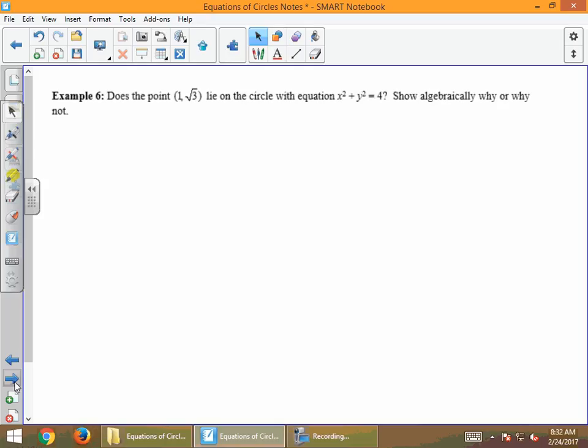In this next example, we have to figure out if the point (1, radical 3) lies on the equation x squared plus y squared equals 4, and we want to show it algebraically. Take 1, plug it in for x.